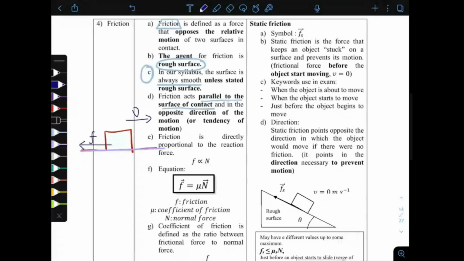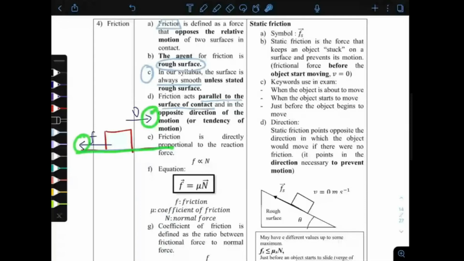And kita guna simbol F kecil untuk associate symbol for friction. F kecil. Okay, as you can see here, the friction is parallel to your surface and opposite direction to your motion.